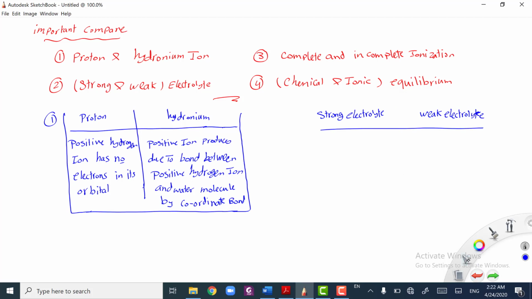The strong electrolyte conducts electricity to a huge or large degree as it is completely ionized in aqueous solution.